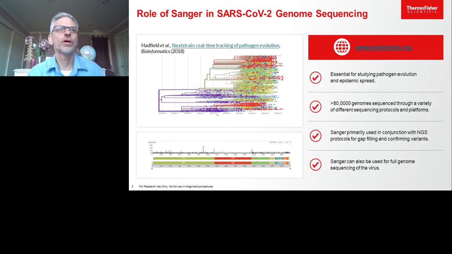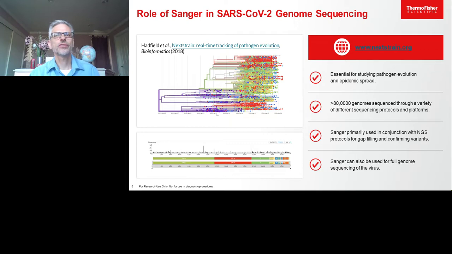So since the first whole genome of SARS-CoV-2 was published back in mid-January, scientists have sequenced tens of thousands of virus genomes. And this information has been really valuable for studying pathogen evolution and epidemic spread. So the Nextstrain database is the main global repository for all of these sequences, and tens of thousands of sequences are now available.